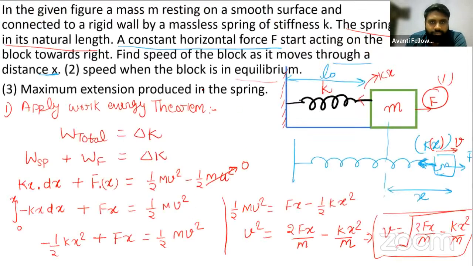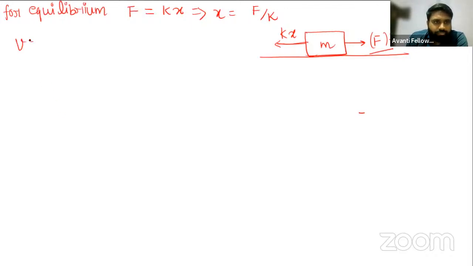Now, what do you have to find? You have to find the speed when the block is in equilibrium. You know the speed at a general position x, so v is equals to square root of 2fx by m minus kx square by m. Now you put the value of x.